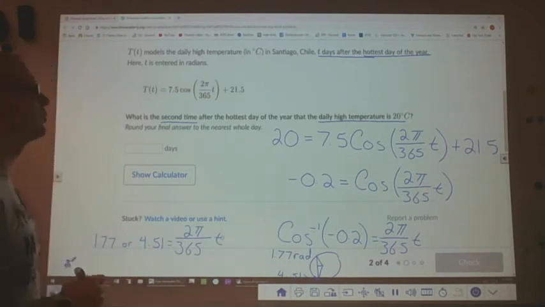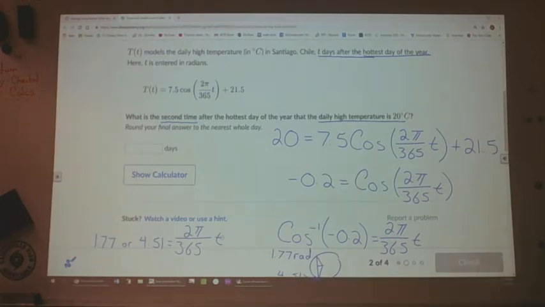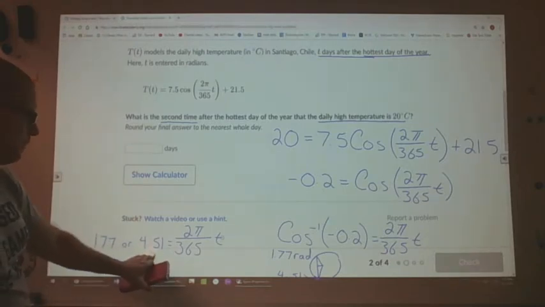And t is what we're after. We want to know what is the second time after the hottest day of the year in days that it hit this. So really we're after the 4.51. The 1.77 would be the first time. According to this model, the 4.51 would be the second time. So really it's just that one.